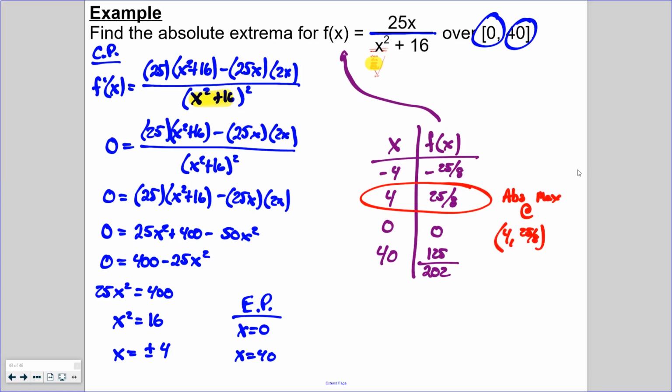And then our smallest y value is -25/8, which means that we'll have an absolute minimum at -4, -25/8. And there you go. We have just found both of the absolute extrema guaranteed by the extreme value theorem.